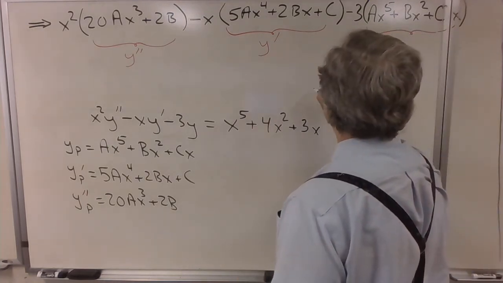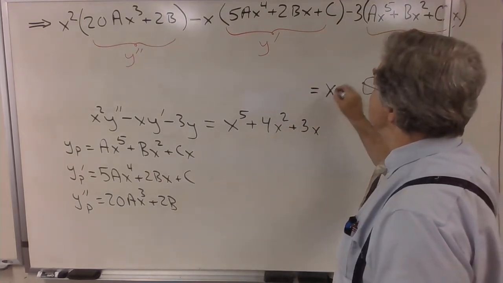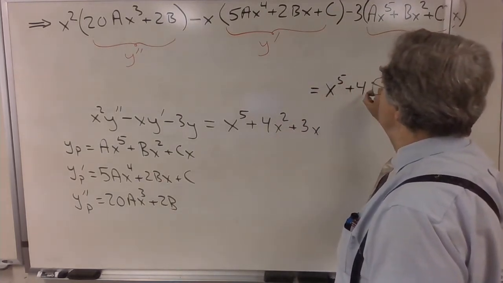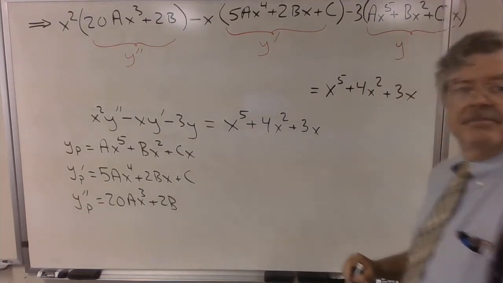And all of that should equal x to the fifth plus 4x squared plus 3x.